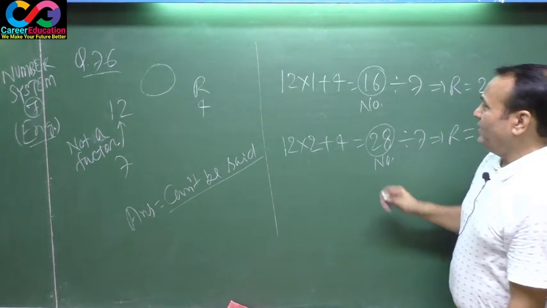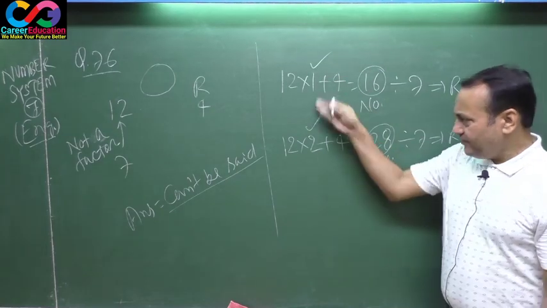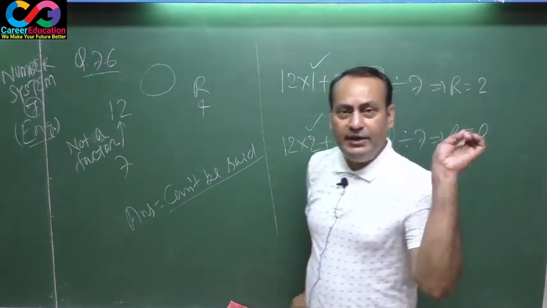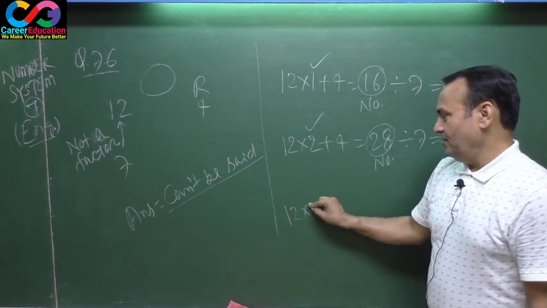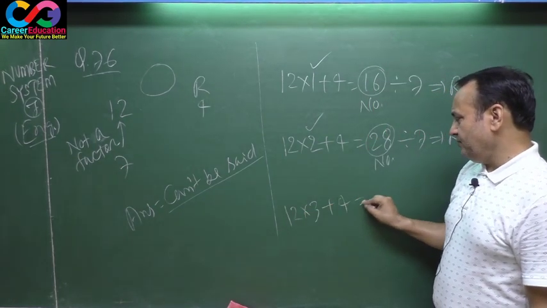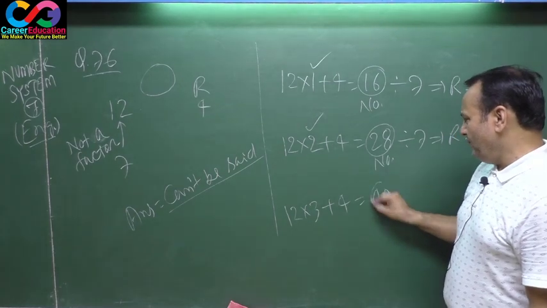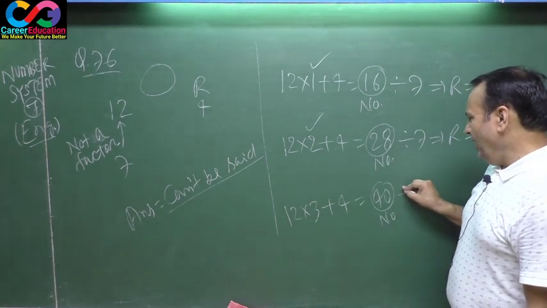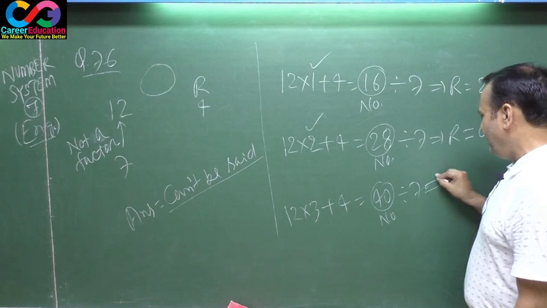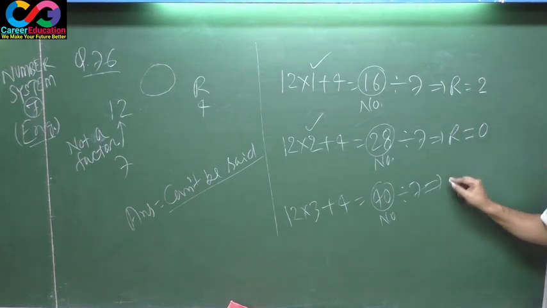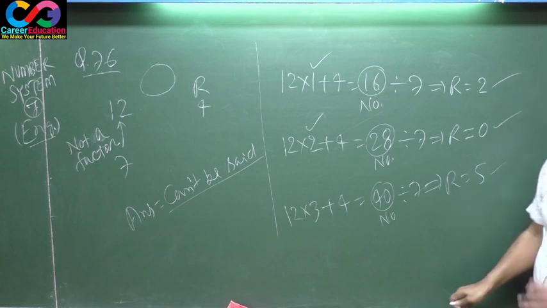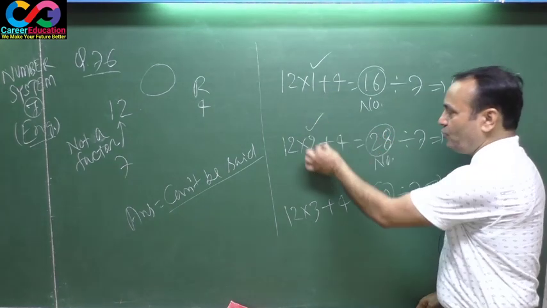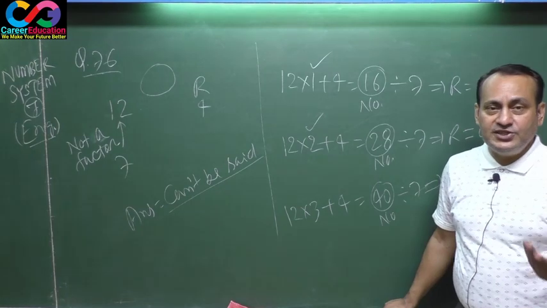That means as you change the quotient, the remainder changes every time. See here, another example, 12 times 3 plus 4, this is your number, and if this is divided by 7, the remainder is 5. That means whenever you change the quotients, your remainder changes itself.